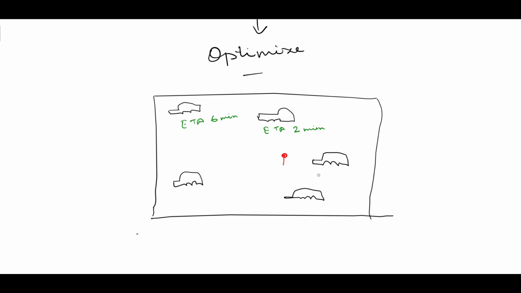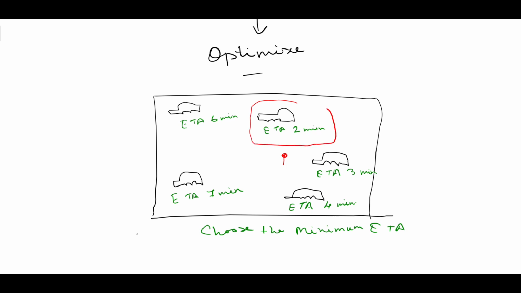Imagine one driver is physically closer but stuck in traffic, and another driver is slightly further away but on an empty road. Which one should we choose? The customer doesn't care about the shortest distance. They care about who reaches them first. So choose the minimum ETA. That means we should choose this driver.